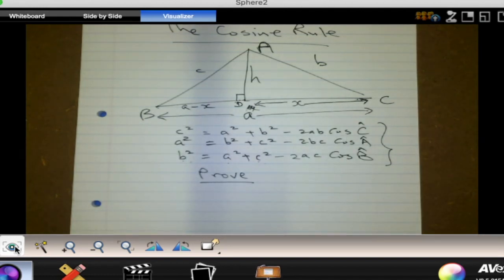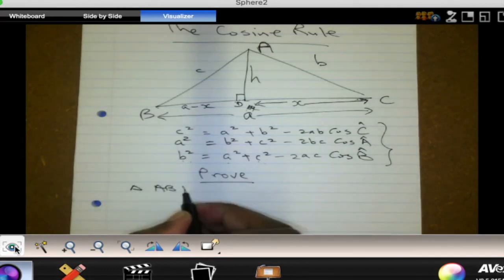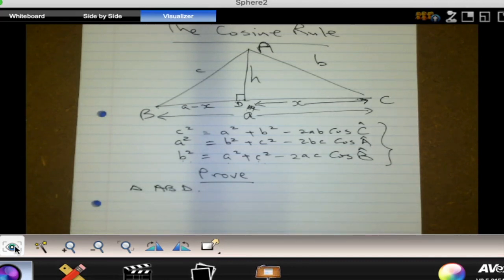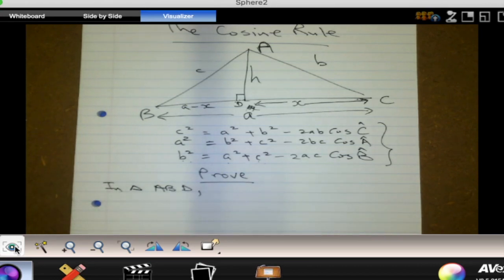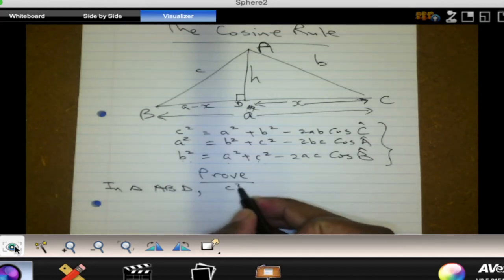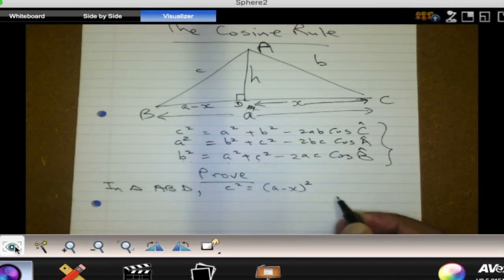So we have 2 triangles now. I want us to start with triangle ABD. From this triangle ABD, let's apply Pythagoras theorem. Right, so I'll say in triangle ABD, apply Pythagoras' theorem. Give me the equation. What is c squared equal to? a minus x all squared, right?